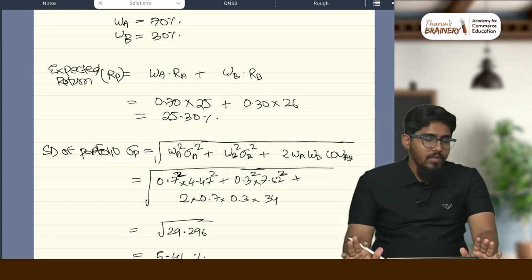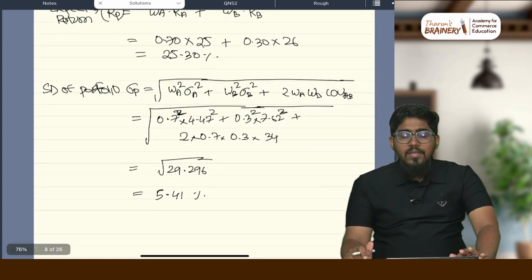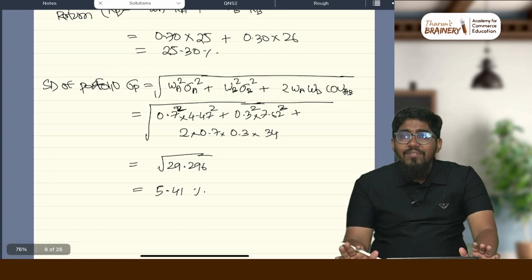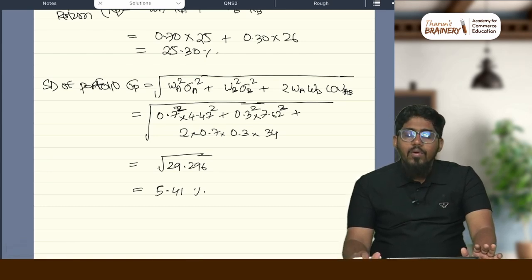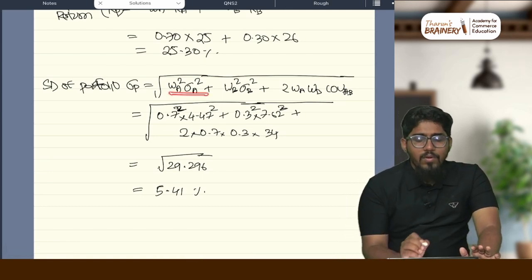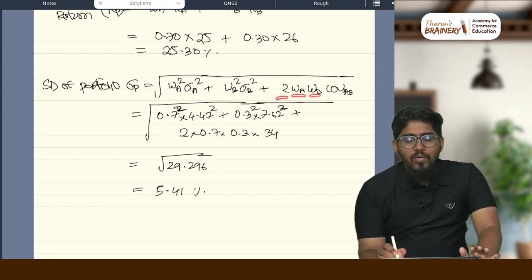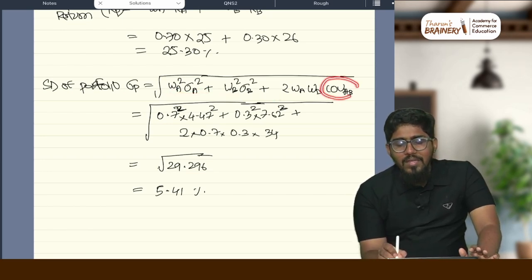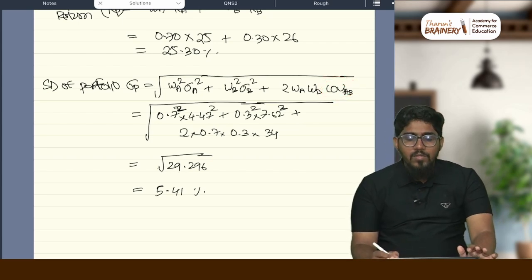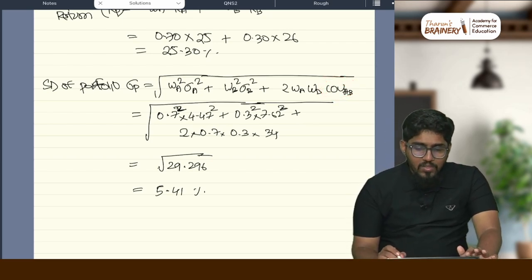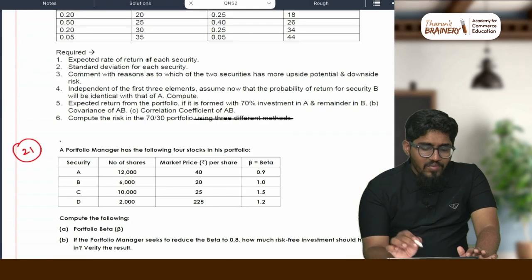Clarity. Sir, what is the standard deviation of the portfolio? The formula: weight of A square into variance of A, weight of B square into variance of B, 2 into weight of A into weight of B into covariance of AB. Now let us see, is covariance of AB given in the question?